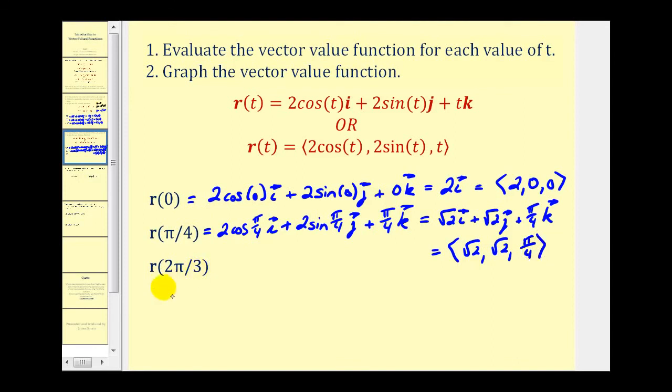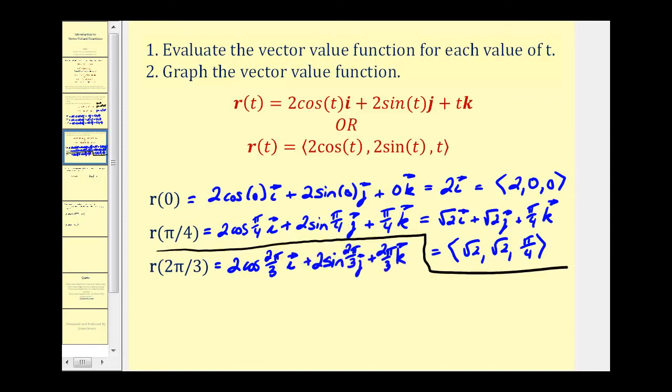Okay, and lastly we have r of 2 pi over 3. And just to review, let's go ahead and sketch the reference triangle for 2 pi over 3. It's going to be a 60-degree reference angle in the second quadrant. So for the cosine of 2 pi over 3, we're going to have negative 1/2.